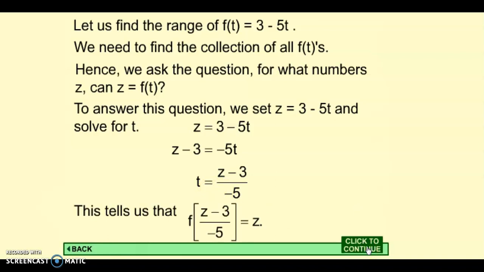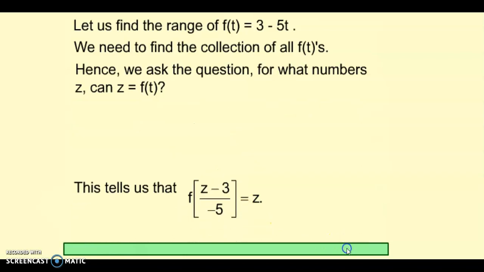This tells us that the function f of t, now what was the function? f of t equals 3 minus 5t. Here f of t equals z, because we have related f of t equals z. This is the value of t, which we have extracted from the equation, which is equal to z.